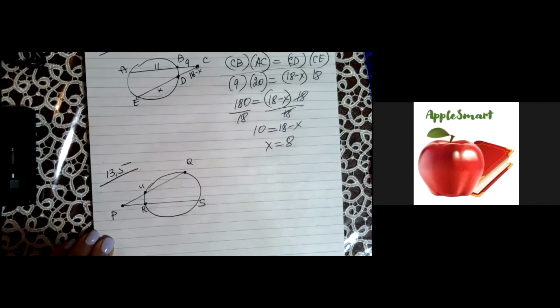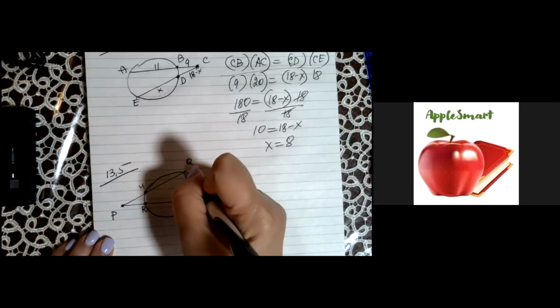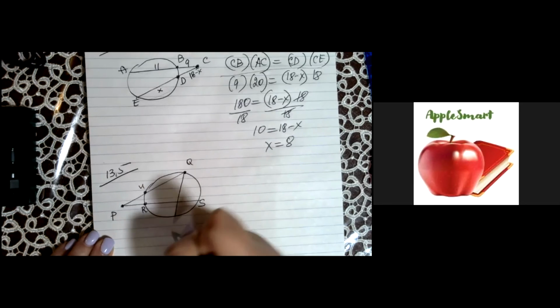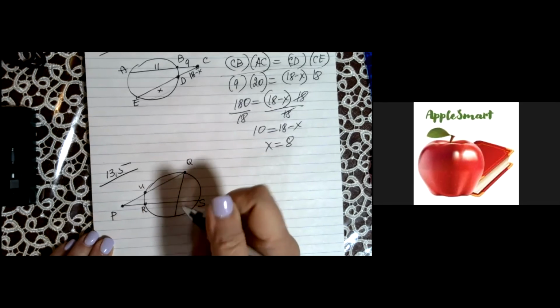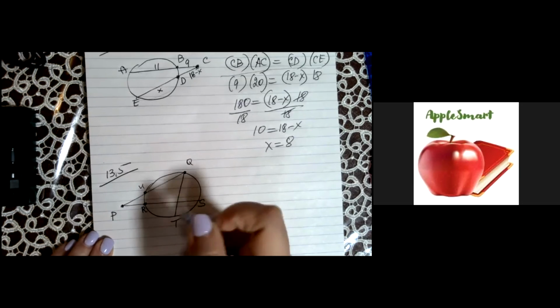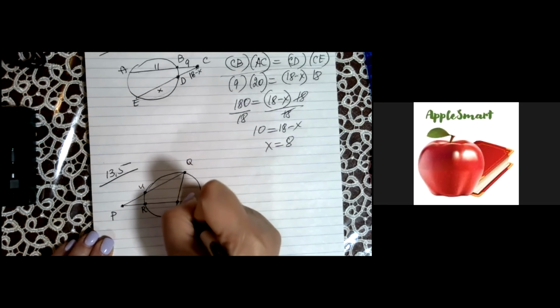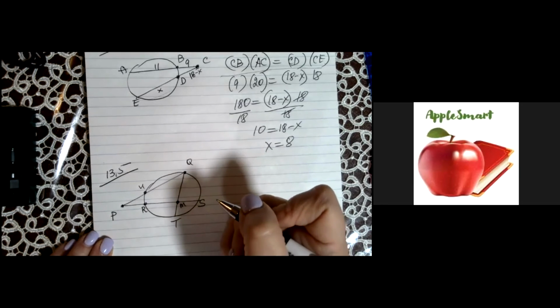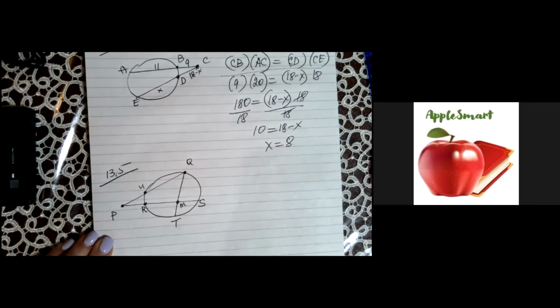Then there is a chord QT. And this point is point M. I'm just copying the diagram for now, then we'll read all the information and we'll label it. So, okay, points R and M trisect PS.